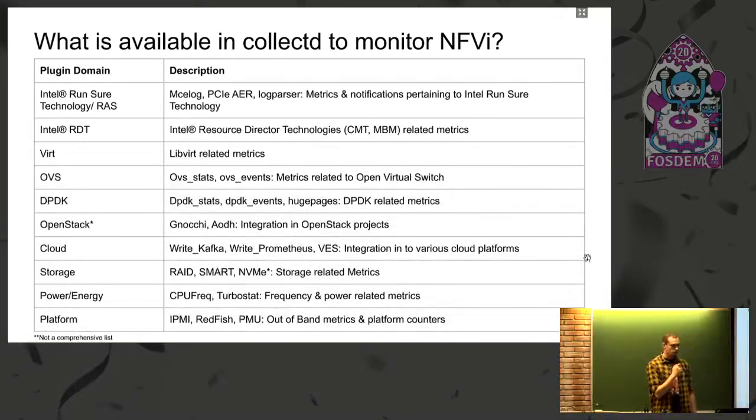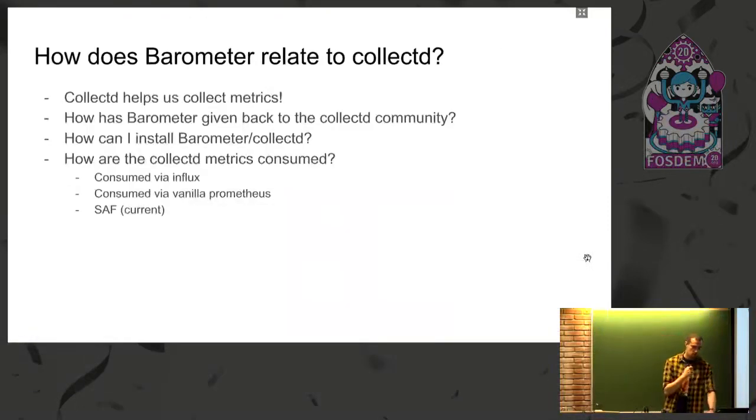And there are also PMU counters that may be interesting for you, which monitor the low-level counters in the processor, which may be useful in some cases, like branch misses, mispredictions, or cache misses. So now let's get back for a moment to Barometer.